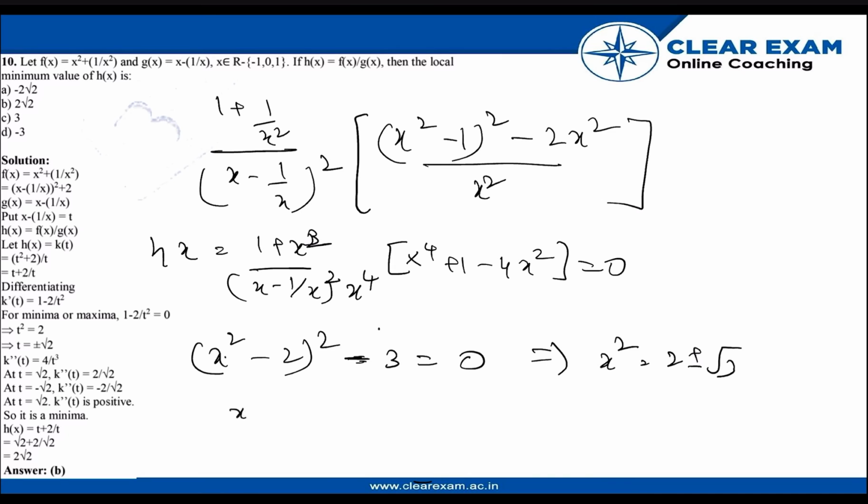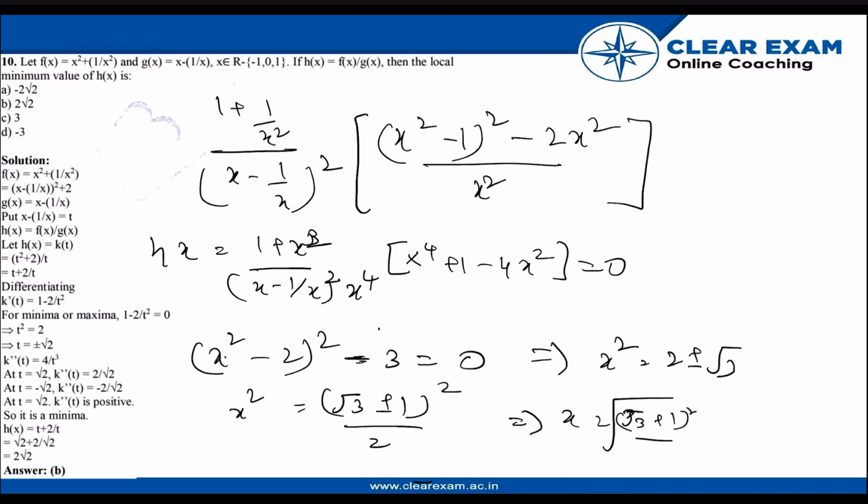So x² equals (√3 ± 1)²/2, which implies x equals √((√3 + 1)²/2), that is (√3 + 1)/√2.